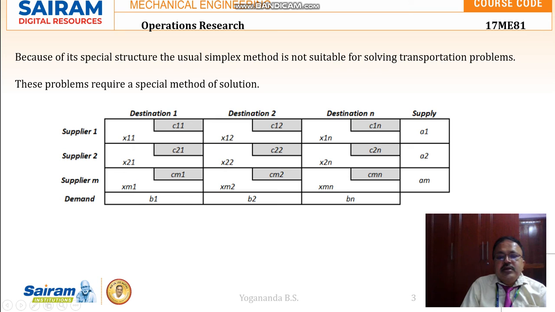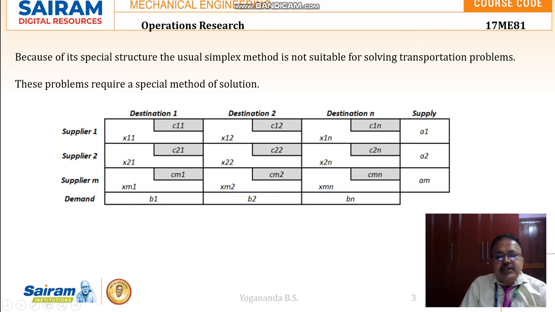Similarly, row wise, I have supply. The capacity of supplier 1 is A1, so he can supply A1 number of units. Similarly, the capacity of supplier 2 is A2, and the last supplier M is capable of supplying AM units.